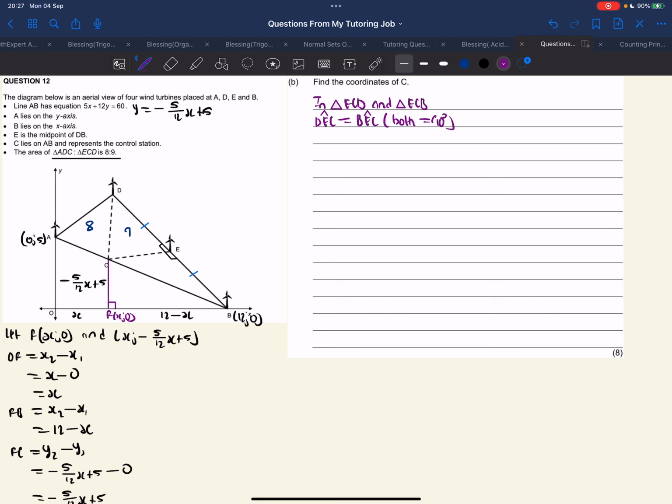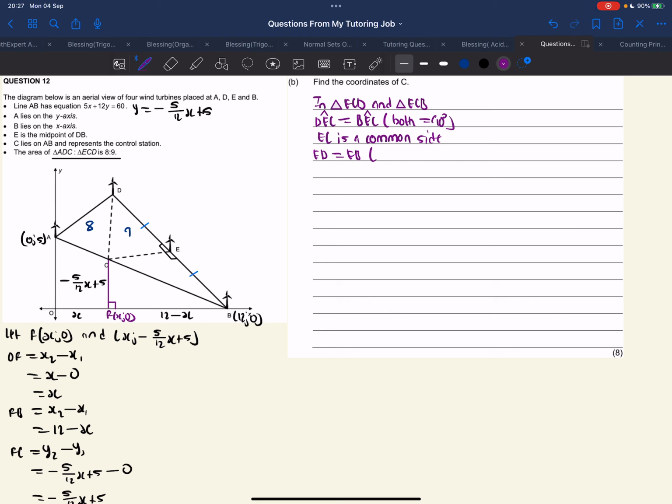And another thing is that EC is a common side. And then I'm also going to prove that ED is equal to EB.